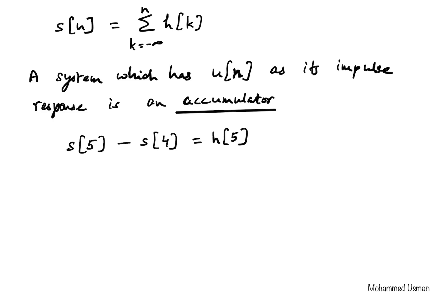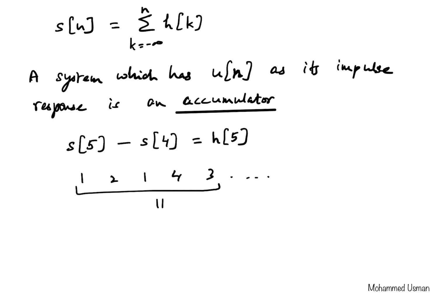Suppose we had a sequence of numbers 1, 2, 1, 4, 3 and so on. If we add up to this fifth number, the sum is 3, 4, 8, 11, right? The total sum here is 11.